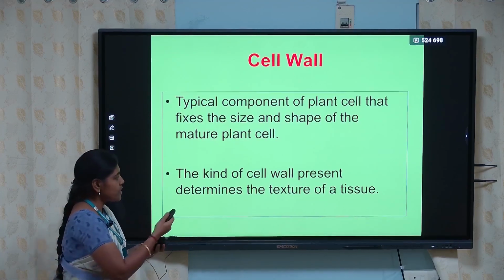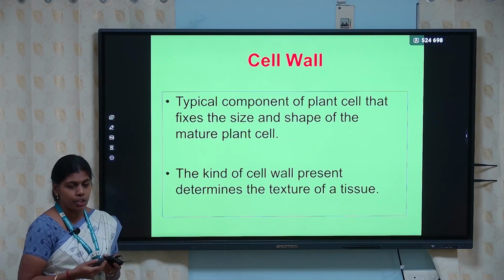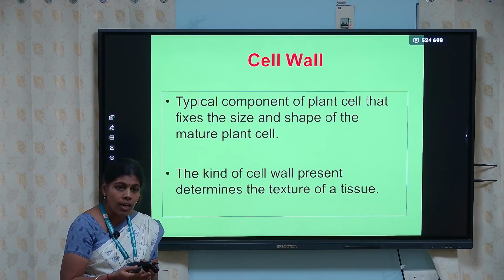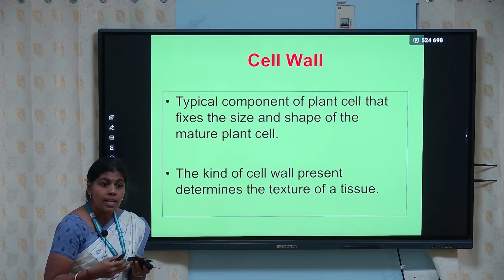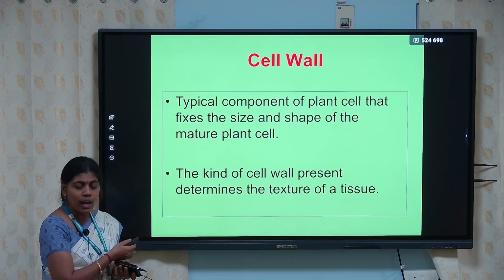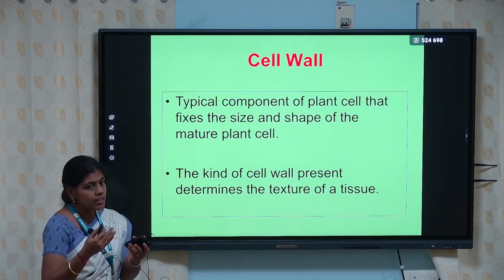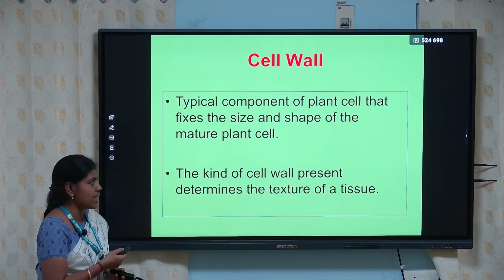The kind of cell wall present determines the texture of the tissue. If it is a thin wall, the texture is very soft in nature. If it is a thick wall, the cell is very rough in nature. So the cell wall determines the type and the consistency of the cell.